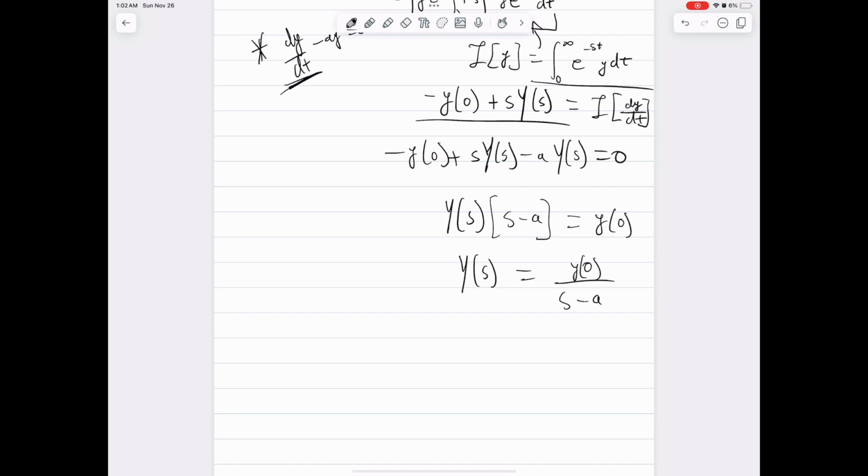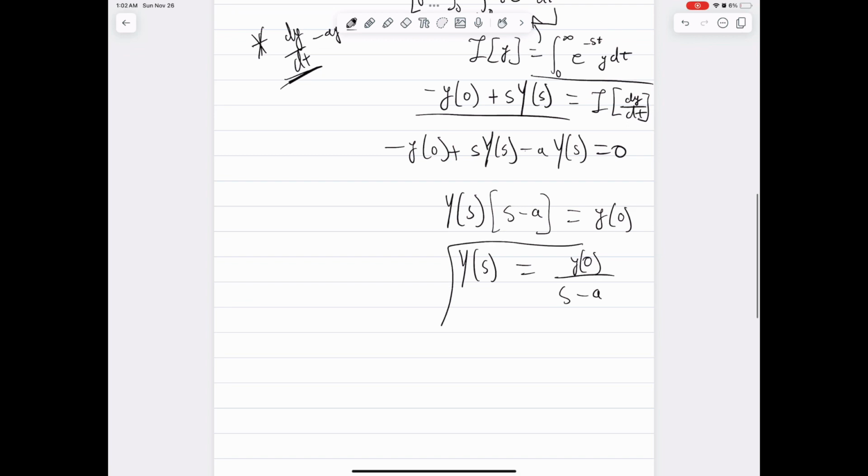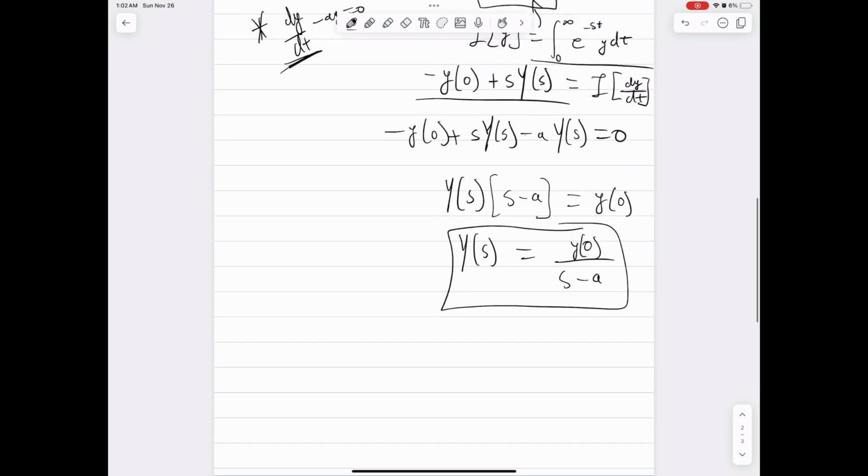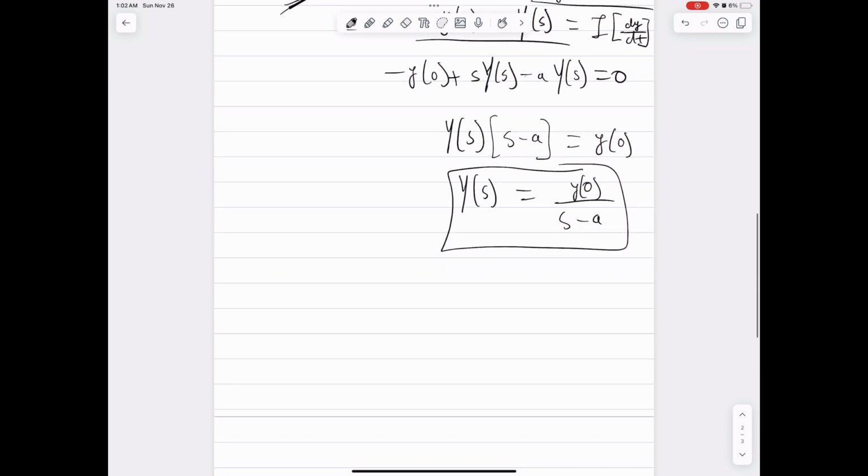So this is our fully transformed equation here, capital Y of s. Now you might wonder, how does this actually solve the differential equation for me? Now what you got to remember is we actually transform this into a simpler form, which is just an algebraic equation. Now what we have to do here is actually do the inverse Laplace transform.